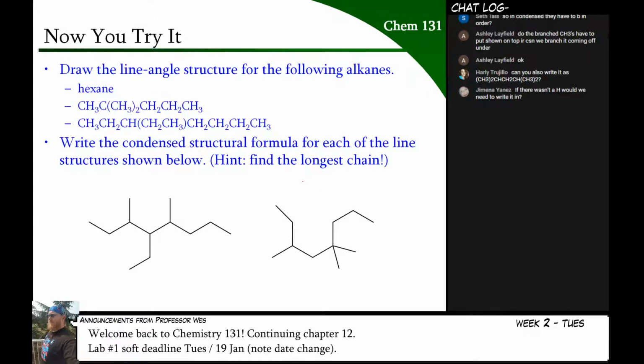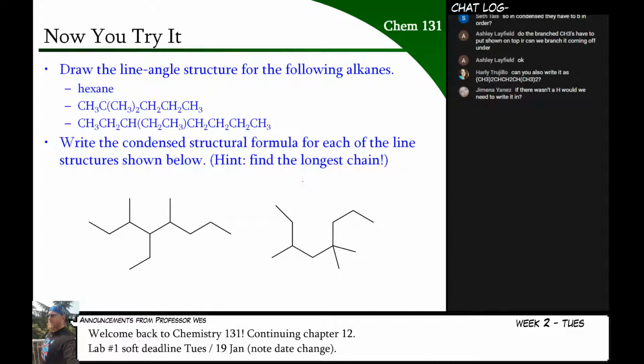Okay? All right. So I have drawn some squiggly lined things at the bottom. What the heck are these structures? What I want you to do is turn those bottom structures into condensed structural formulas. And my hint is find the longest chain, because these look really complicated. So number the carbons. And then on the top there, I have a bunch of molecules that are either condensed structural formulas, or I just wrote hexane.